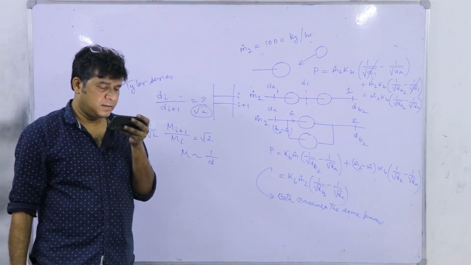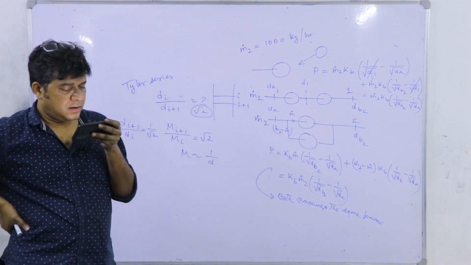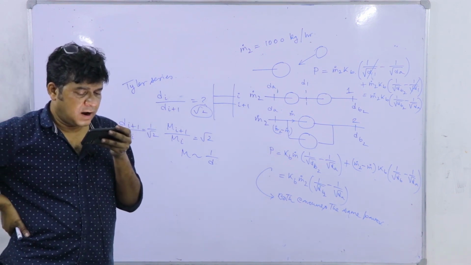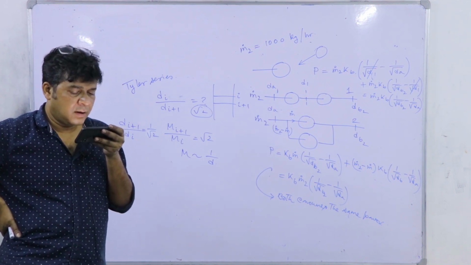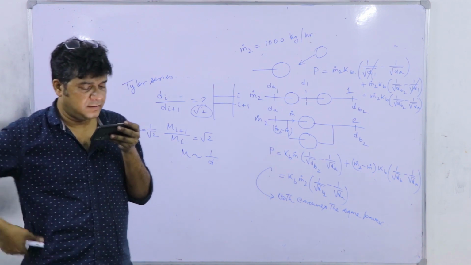Next. These are 1 mark questions. Size reduction of coarse, hard solids using a crusher is accomplished by attrition, compression, cutting and impact. So definitely it is compression.